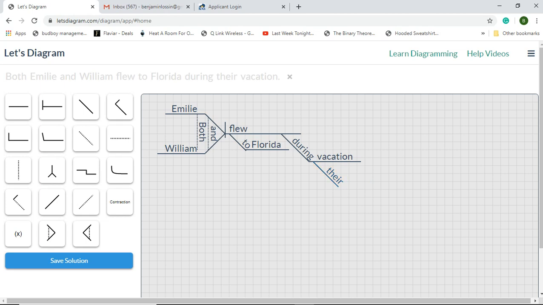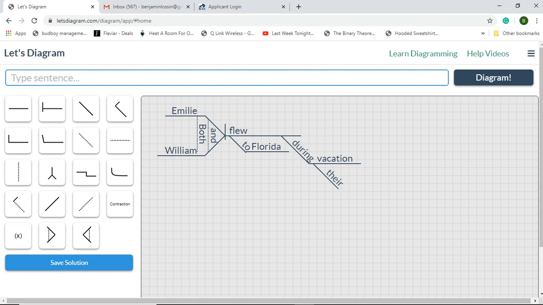Good. Number 2. The sentence for number 2 is, you will find either blank paper or a notebook in my backpack.